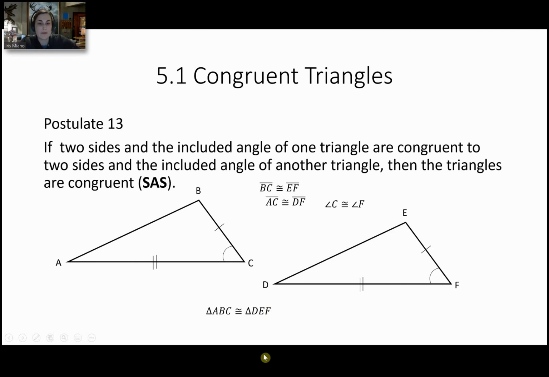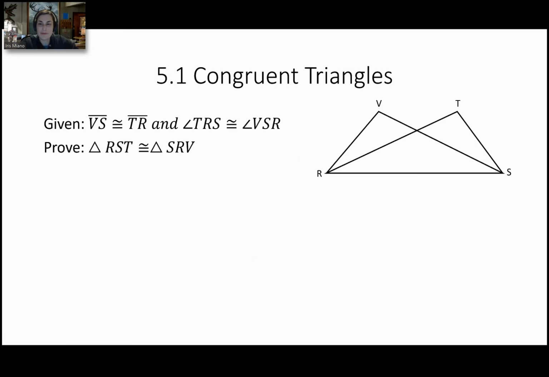Okay, cool. So what would be a good example of this in proof form? Well, let's go ahead and have an example. So we're going to write up the formal proof for this given and proof statement and figure, okay? So notice that we have two triangles that happen to overlap one another.